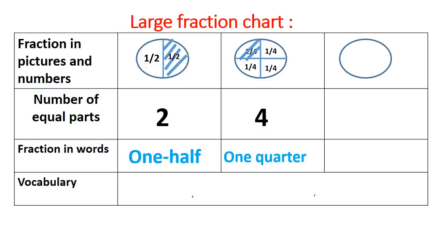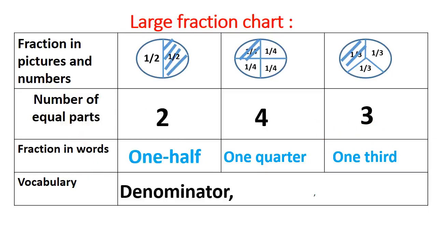The third one, my circle is divided into 3 equal parts, 1/3, 1/3, and 1/3. How many equal parts do I have? 3. How many shaded parts? 1. So 1/3. And my vocab: denominator, numerator, and fraction bar. Thank you.